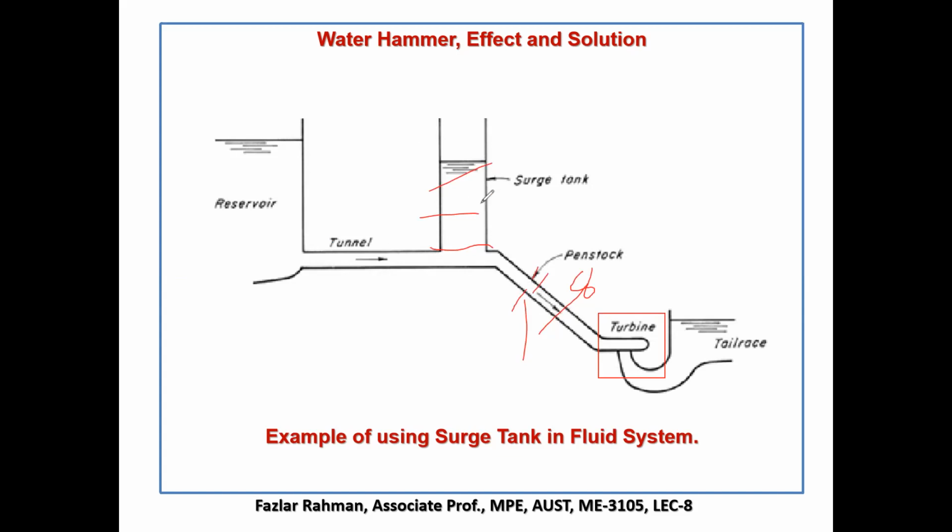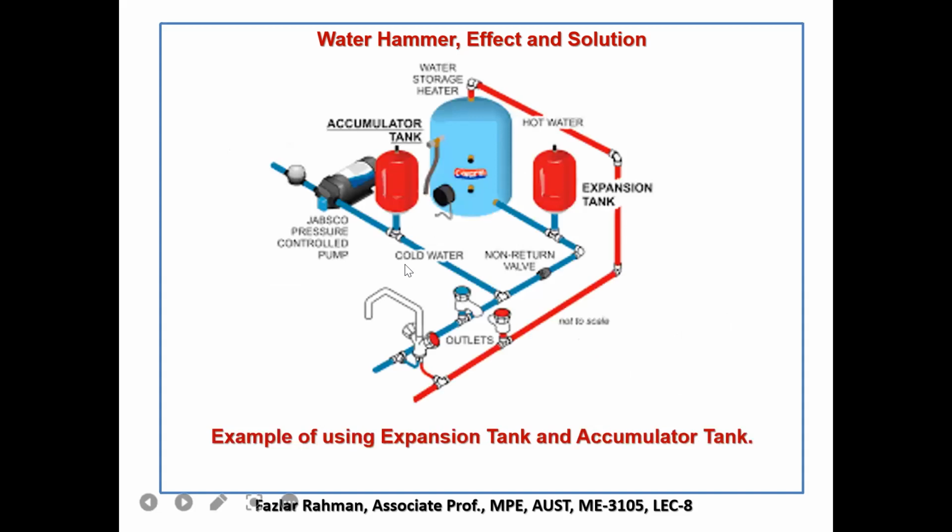So if you add a reservoir in front of this gate, it's called a surge tank, or sometimes an accumulator. Then what will happen? If you stop this valve immediately, the fluid from the reservoir will go to the surge tank. So there is no increase of pressure in this region. This way you can minimize, or control, the water hammer.